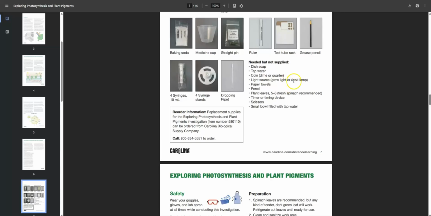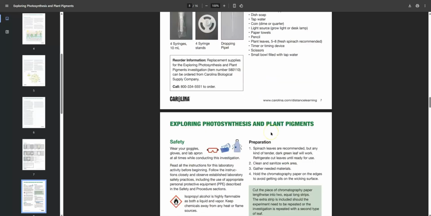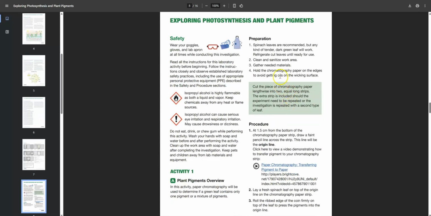But you definitely want a light source that gets warm. And then you're going to want to buy some fresh spinach. You don't want to use old spinach because then you won't be able to see the plant pigments. So if you don't have spinach, you can use like kale or something like that.